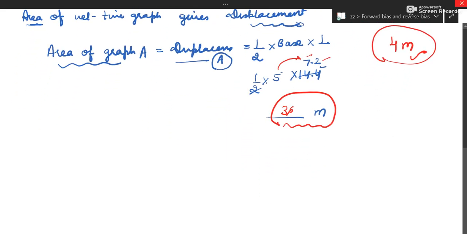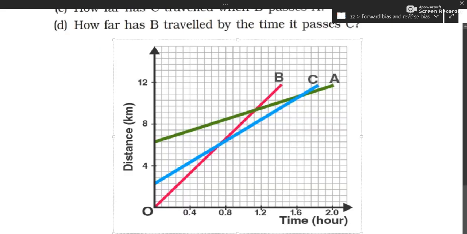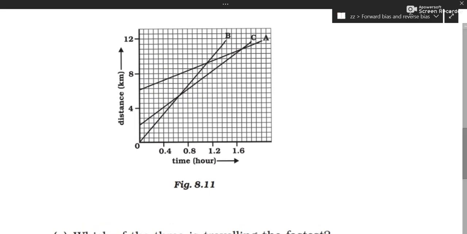Now we'll go to question number next. Okay children, so let us go to the next question. In this question, a graph is being given for 3, let us say car A, B and C. Okay, this is distance and time graph. Here it is distance in kilometer and this is time in hour.